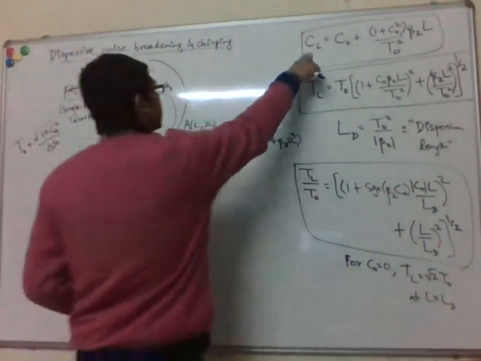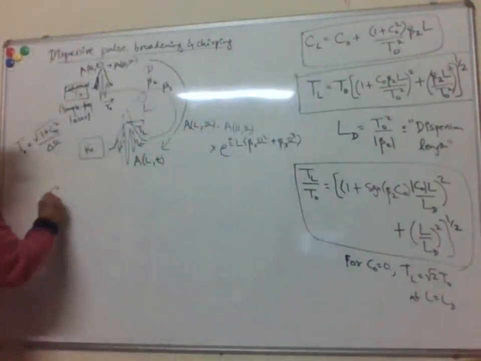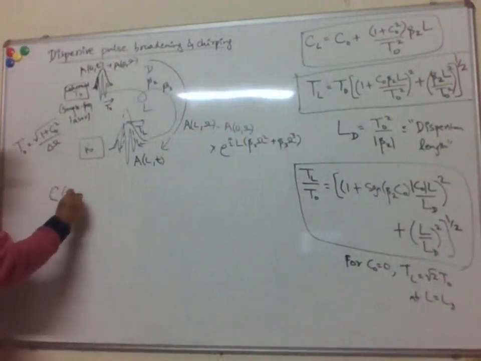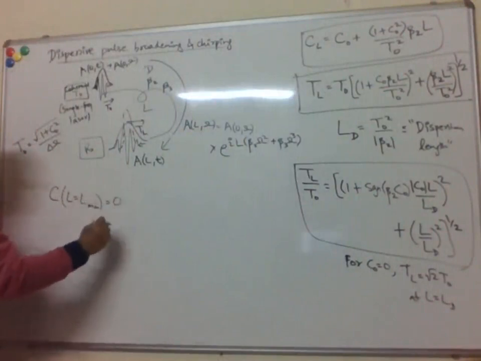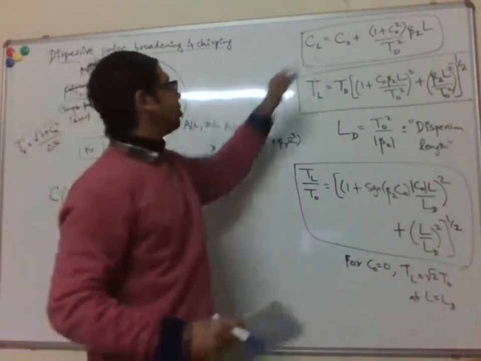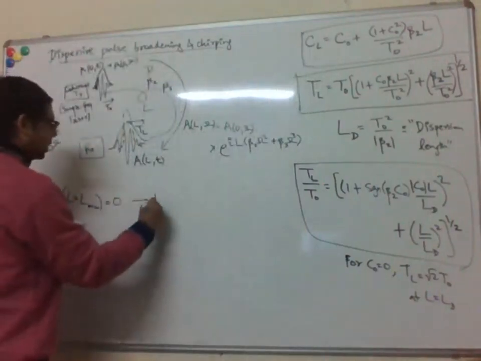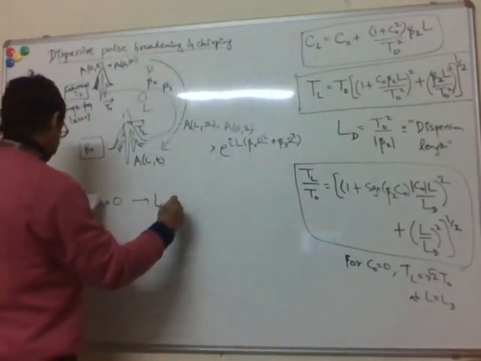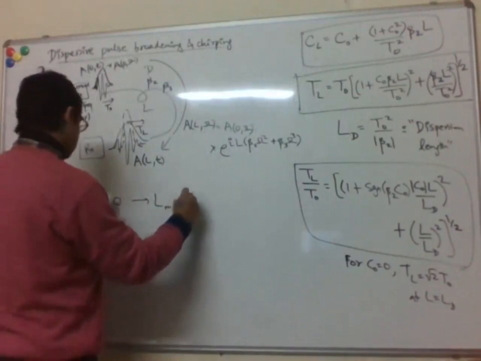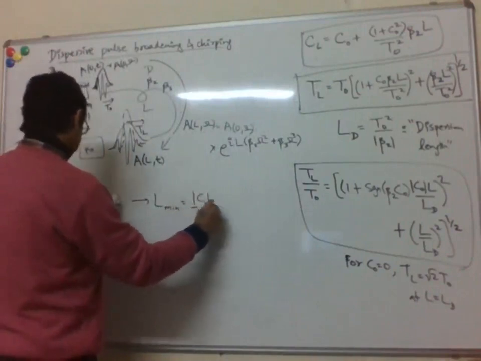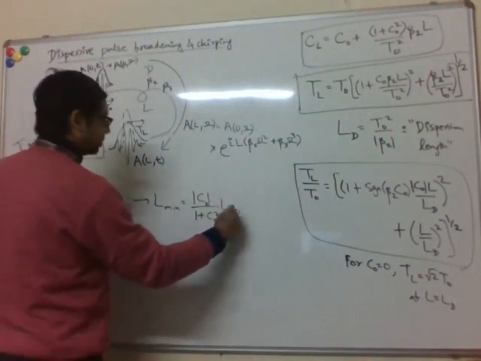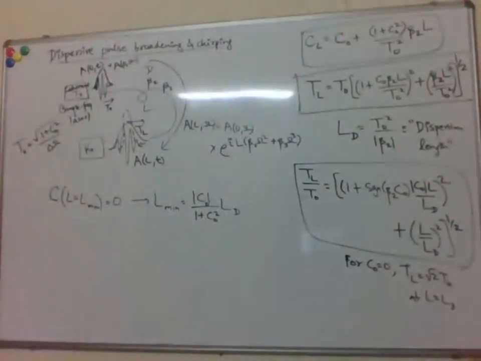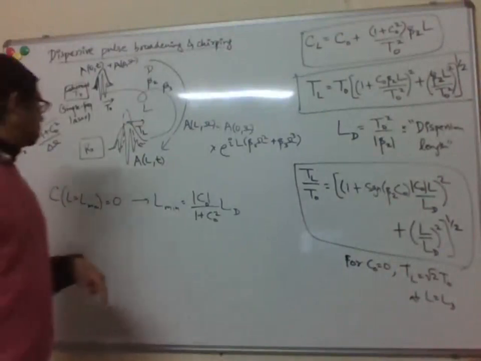Okay, so from here we can see that C at a particular L equal to L_min will become 0. So if you just put this equal to 0, we get this L_min, which depends on the initial chirp and this dispersion length.